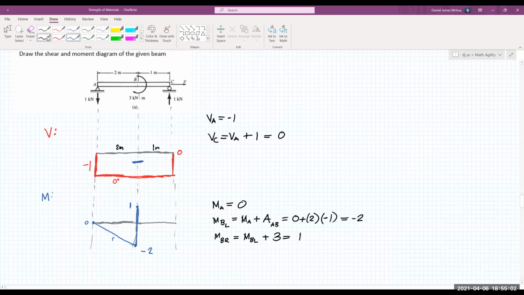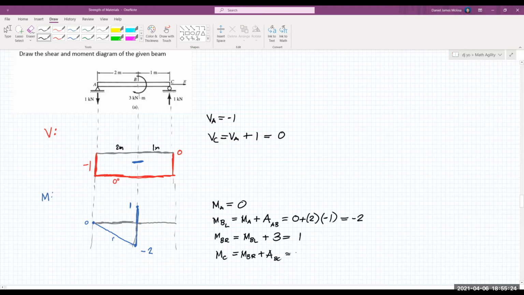That's positive 1. And then finally, the moment at C, it's a roller support, so it's actually 0. But how will we be able to prove that it's 0? We have the moment to the right of B plus the area of the shear diagram along BC.